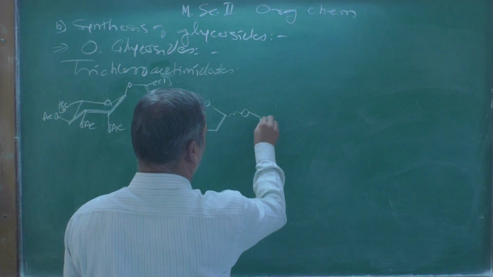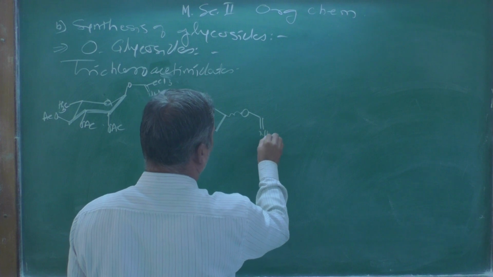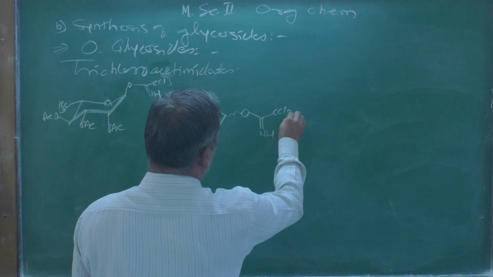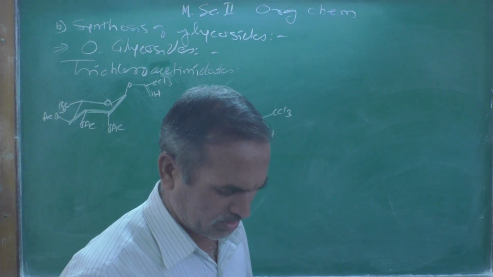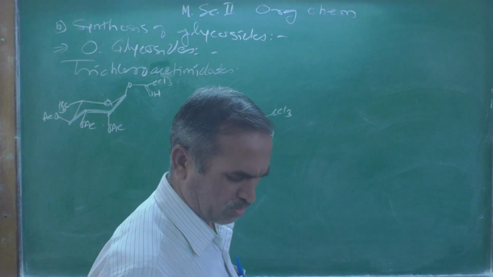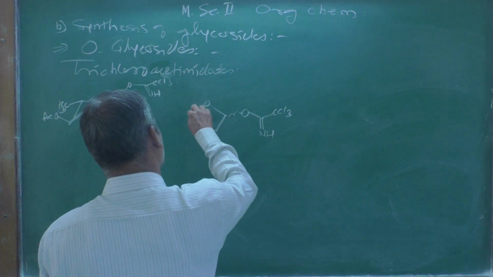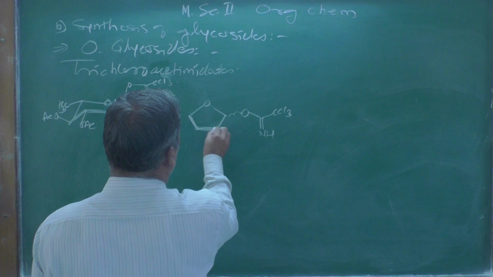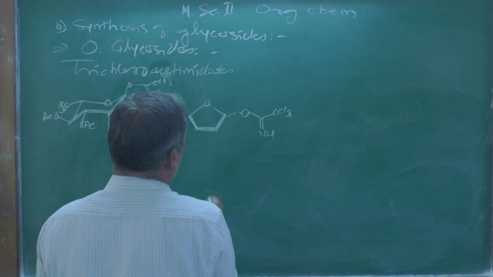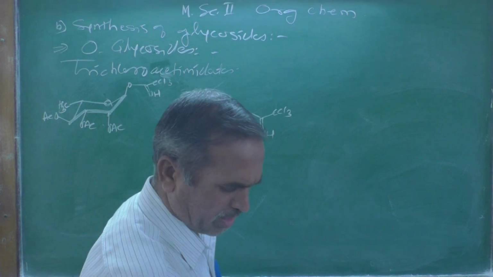That is not confirmed, and that's why it is shown like this. The CCl3 trichloroacetimidate we are trying to write over here, and this also we can show as a thick bond, clearly indicating it is above the plane.